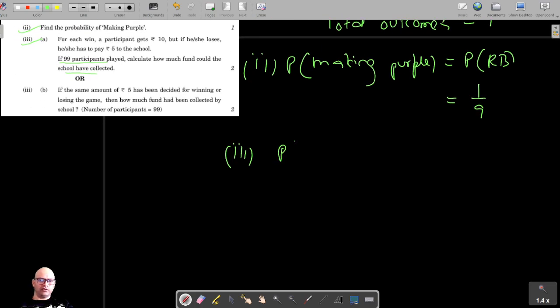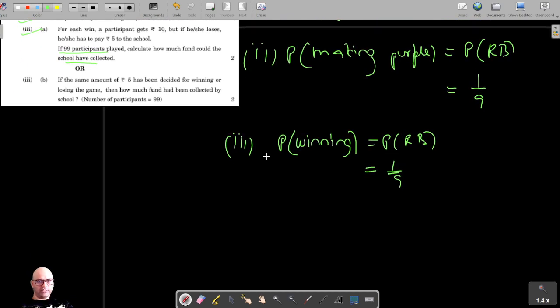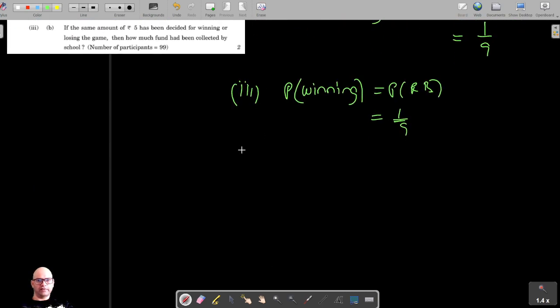So the probability of winning is the probability of getting red and blue, which makes purple, which is 1 by 9. And total participants are 99.